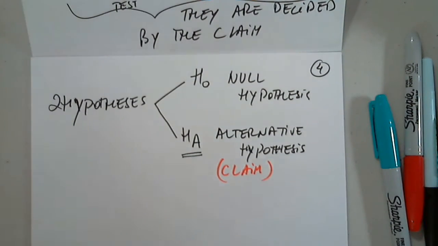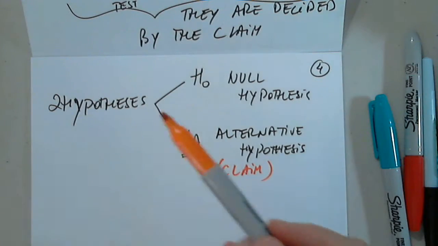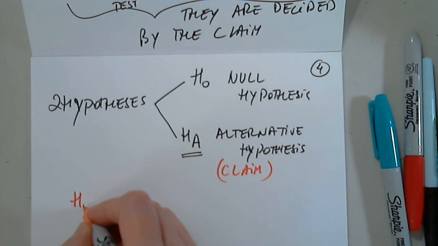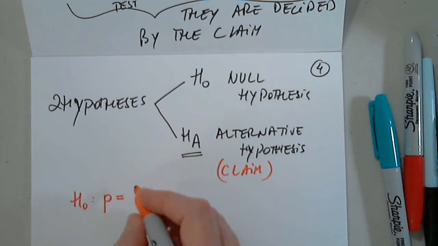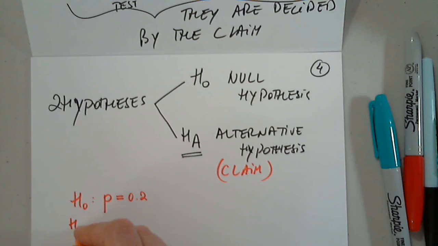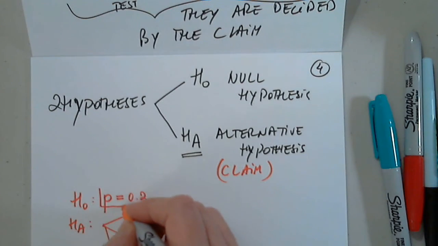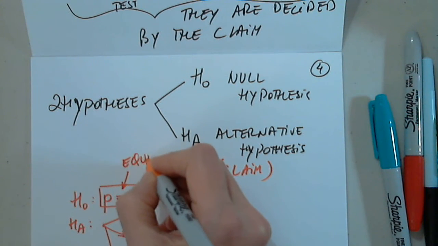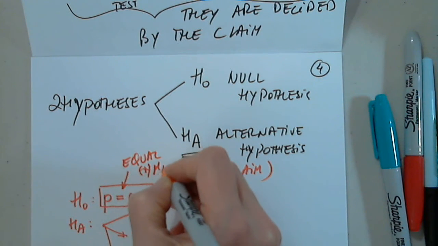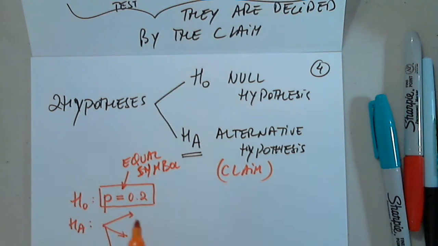So when I start a test of hypothesis, I have to state, for example, the proportion is 0.2. That's one example. The alternative will say one of the following three possibilities. This is always carved in stone. This only has the equal symbol. The equal symbol is always in the null hypothesis.